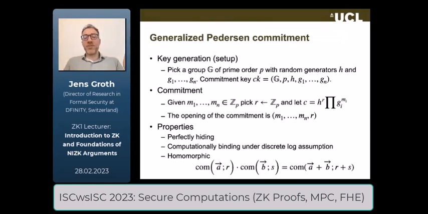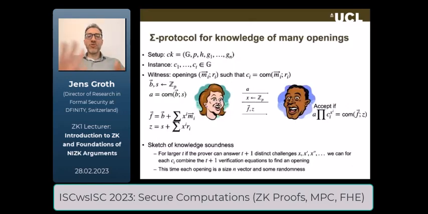And that's really important because now one product of individual group elements gives you a check of an addition of entire vectors, right? So you can imagine the verifier just does group operations. That's very cheap, but the committed vectors could be much larger than that. Okay, so if you want to prove that you know many openings, imagine now we have T commitments to vectors, and the prover knows all those opening vectors.